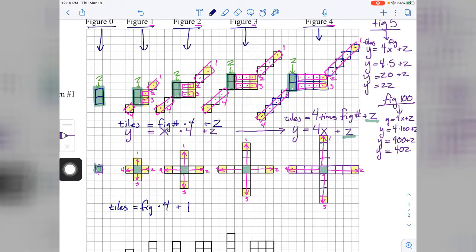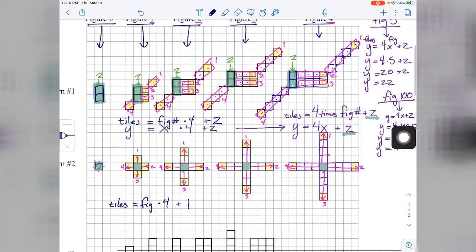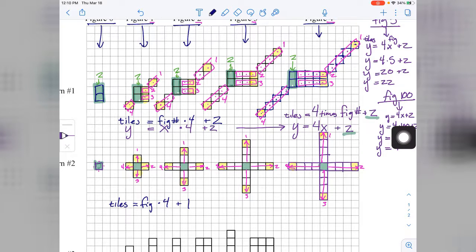So when I take the figure number and multiply it by 4, and then add 1, that should tell me how many tiles are in here. Now I'm going to test that out really quick. Oh, also I'm going to write my rule. So the tiles, y, equal 4 times the figure number, which is 4 times x plus 1.